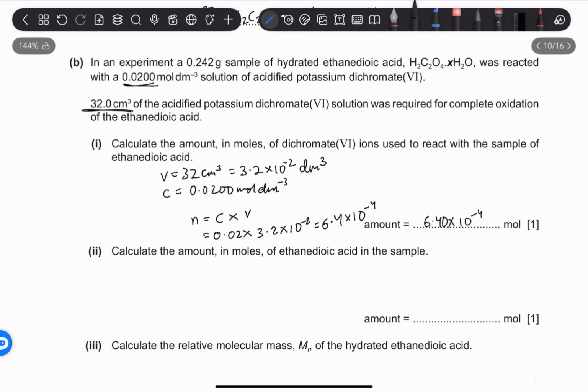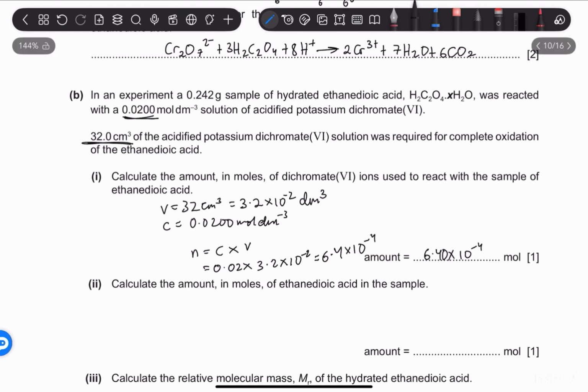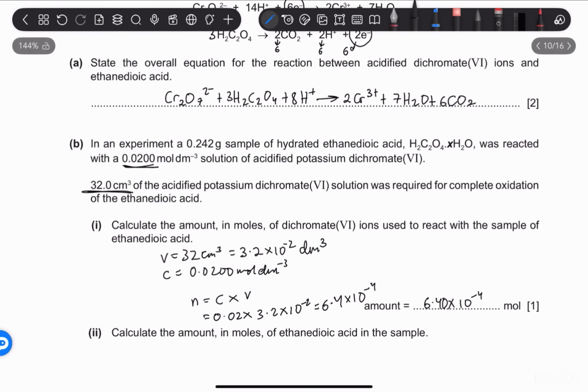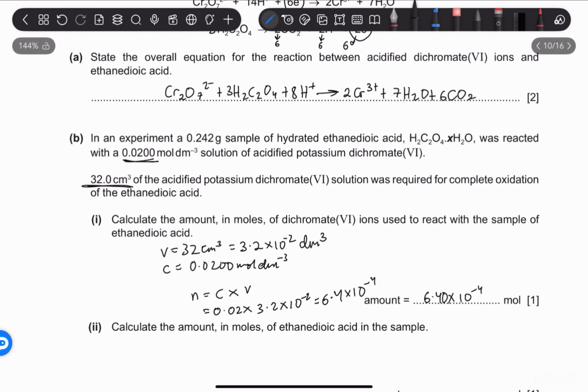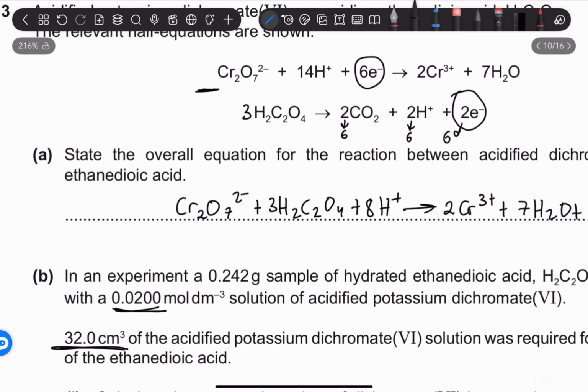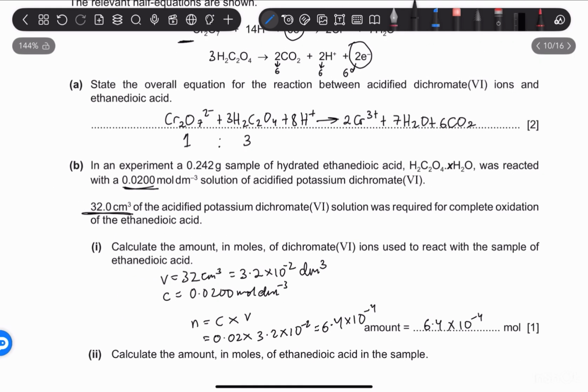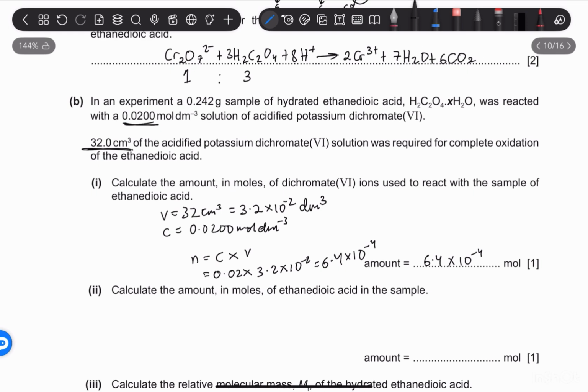So calculate the amount in moles of ethane dioic acid in the sample. Our ethane dioic acid is with a ratio of 1:3. So we're going to multiply the moles of dichromate ions by 3 to get our moles of ethane dioic acid, just as we did in the previous question with the iron carbonate.